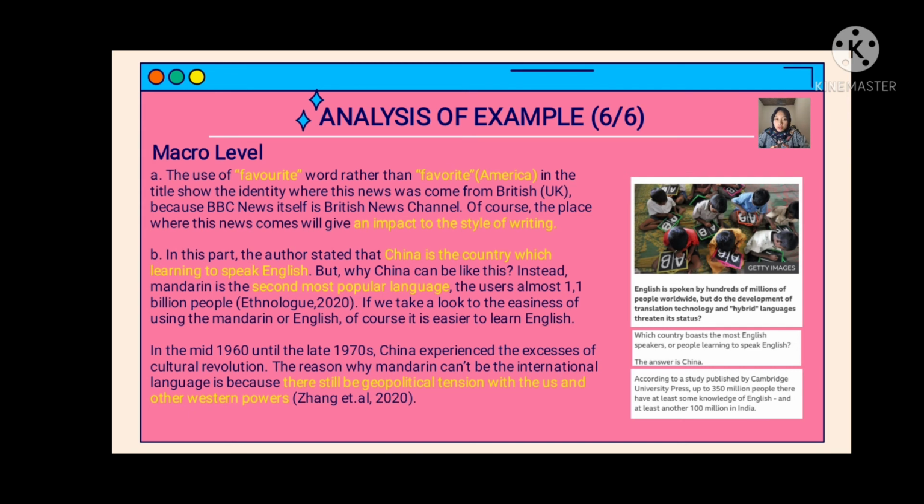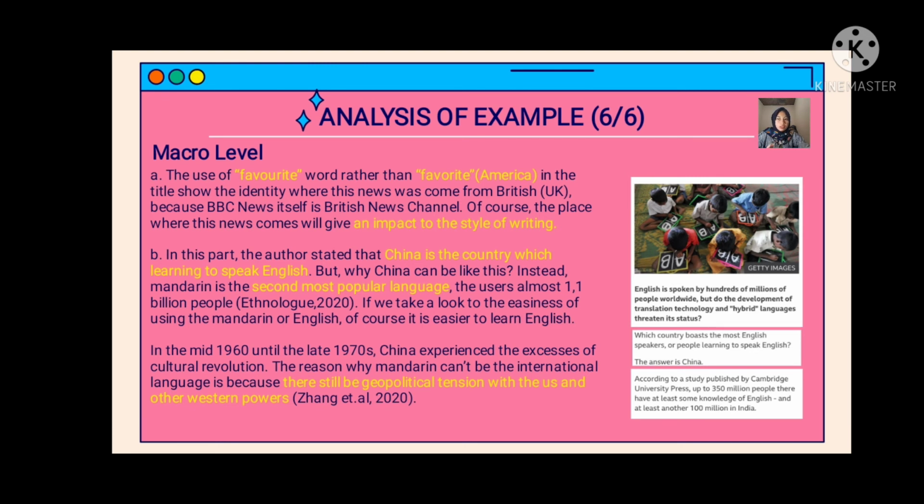So at this level you can analyze the publisher, the author, and all of the things related to them, and you can interpret it based on your prior knowledge and the information that you have in your brain.